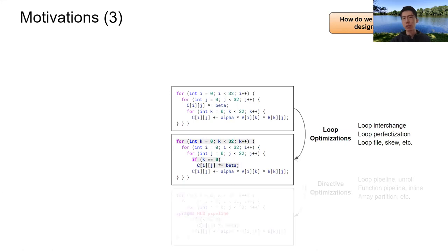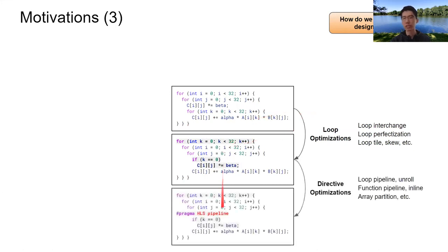So through these loop optimizations, together with the loop pipelining we applied, we can significantly improve the performance of the generated hardware. And apart from loop interchange and perfectization, we also have all of the other traditional loop transformation techniques, for example, loop tiling, loop skewing, and so on.